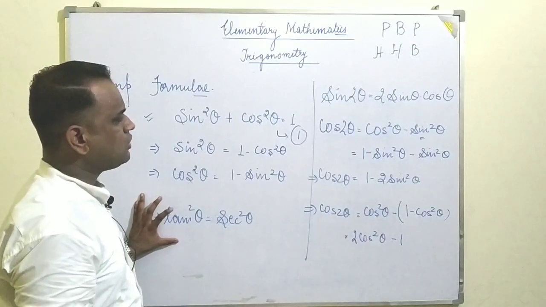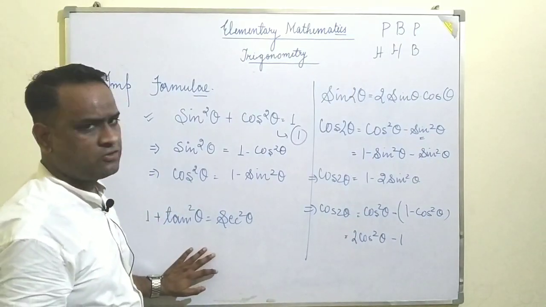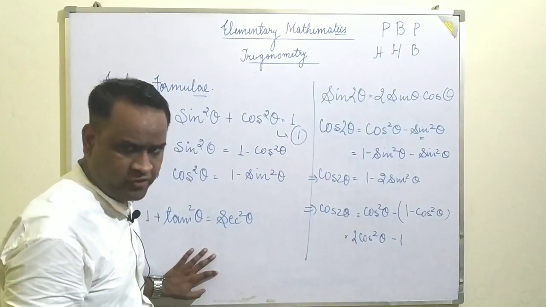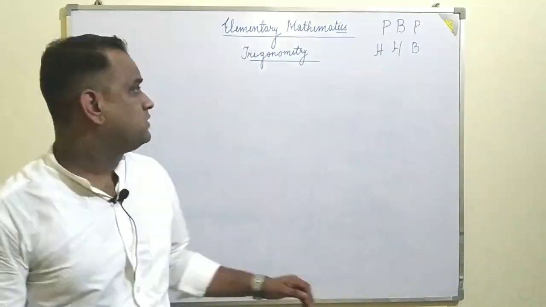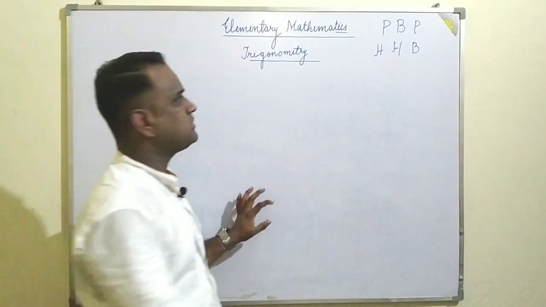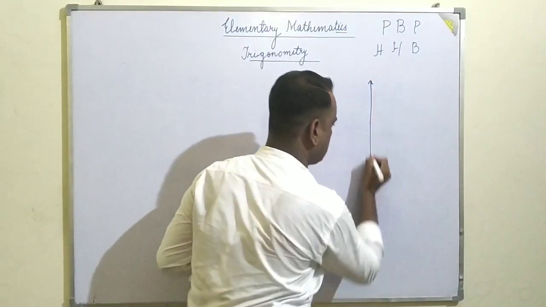So students, now we are moving towards how we can use these basic formulas for the trigonometrical functions. As we know, quadrants are also used in trigonometry, and there are 4 quadrants.